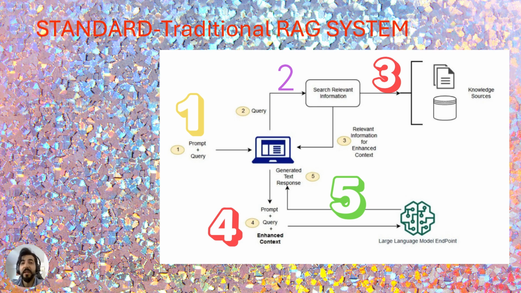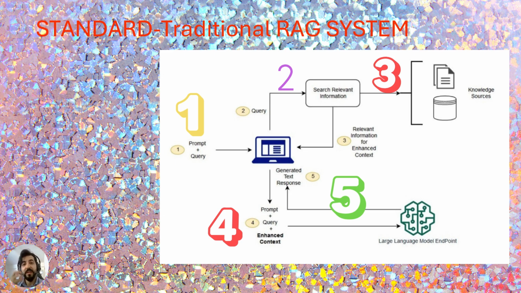Then it is going to pass the user question. This is the key point here. The user question along with the extracted information goes to the final base model, the large language model. It could be GPT-4, GPT-4o, Claude Sonnet, or any kind of large language model, different from the embedding model, right?